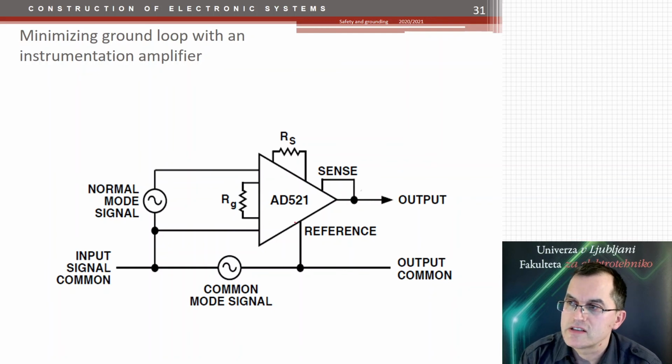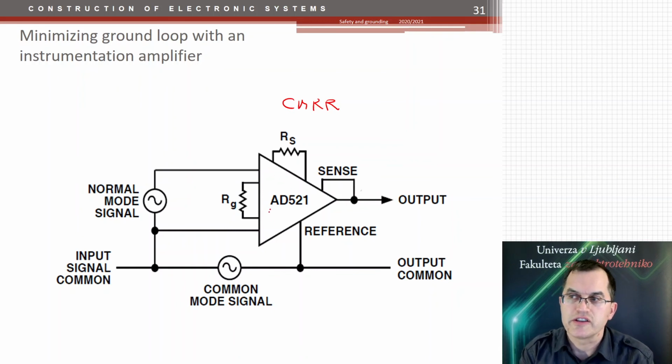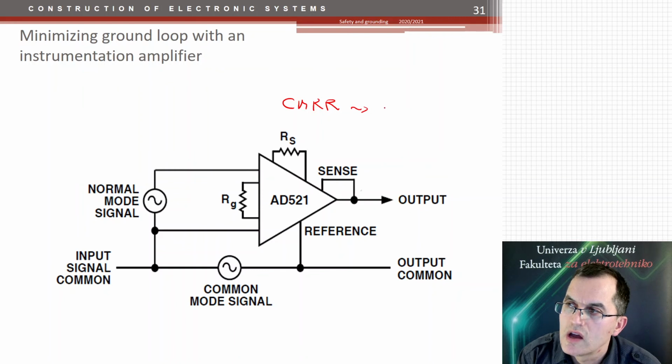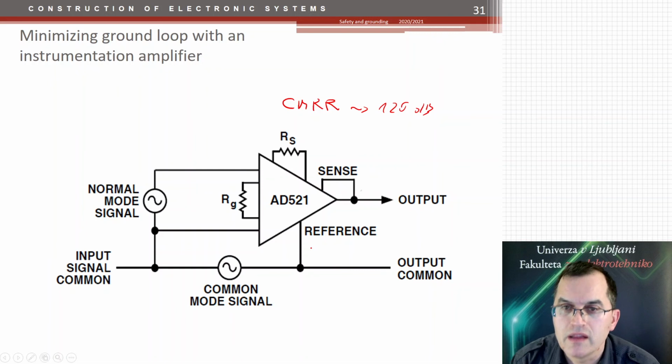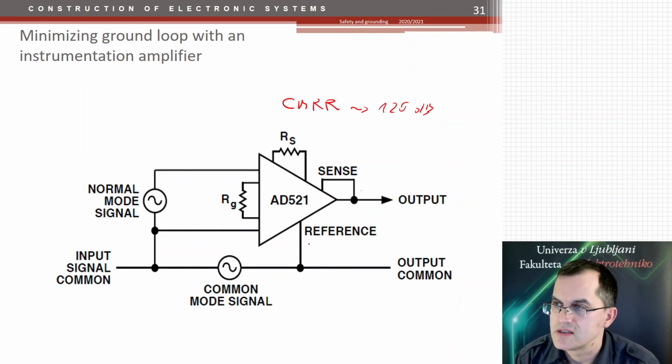An instrumentation amplifier is a special type of amplifier which has the highest common mode rejection ratios, because all the resistors are integrated inside and they are really, really well matched, and therefore the common mode rejection ratio goes up to, I don't know, 120 decibels, which is a lot. So 120 decibels is 1 million. So 1 millionth of the common mode signal is still amplified. The rest is not.